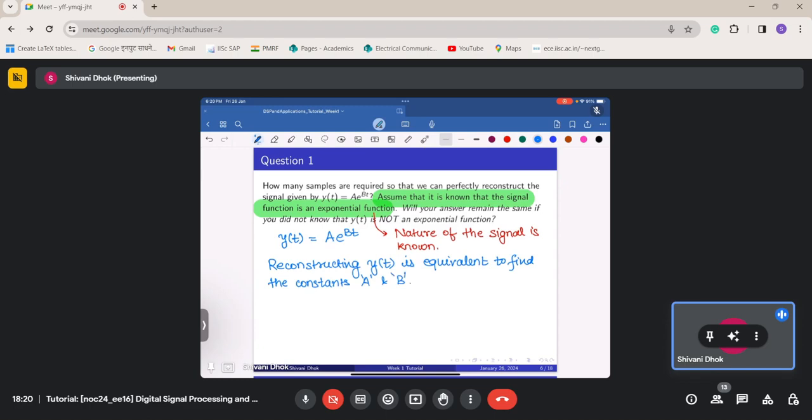So basically there are two unknown variables, and if I need to find out the values of them, then I need two equations. And these two equations can be obtained by looking at two samples. So let's say we look at the two samples at time t1 and t2.